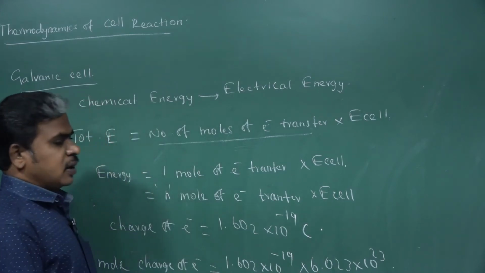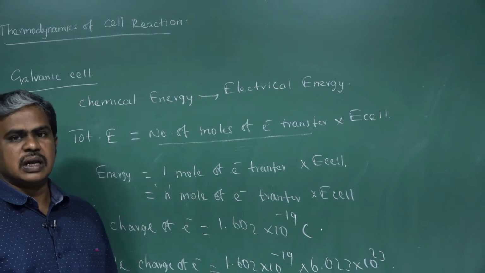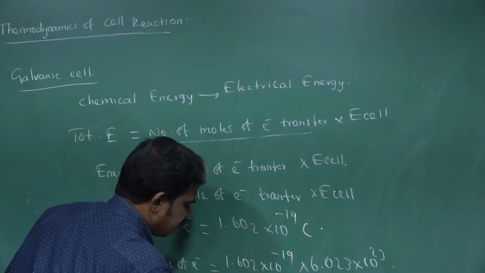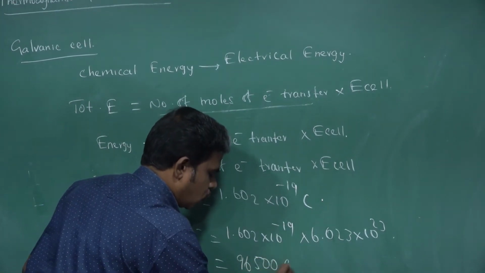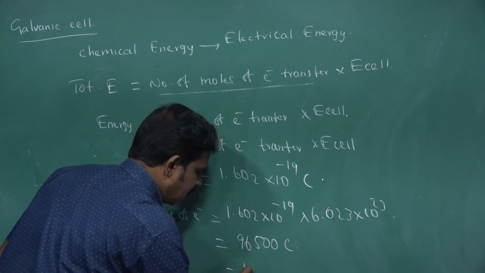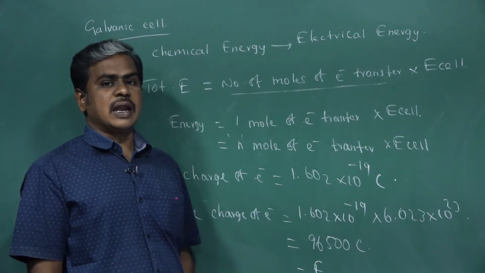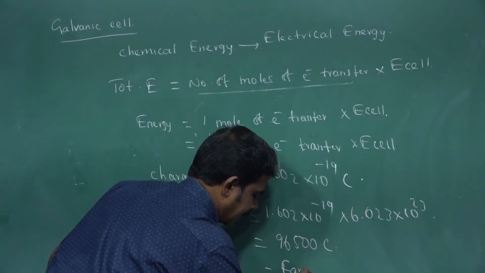Solving this, for 1 mole of electron transfer, it is 96,500 coulomb, which is nothing but 1 Faraday. So 1 Faraday is 96,500 coulomb.